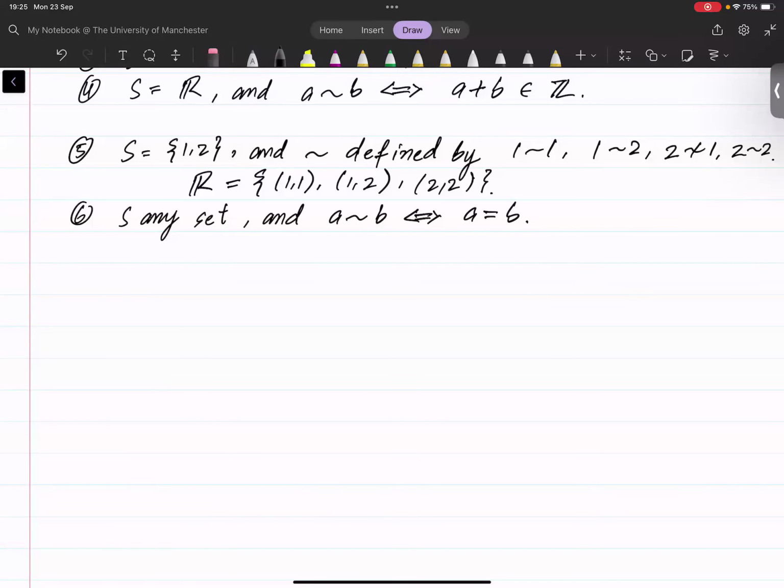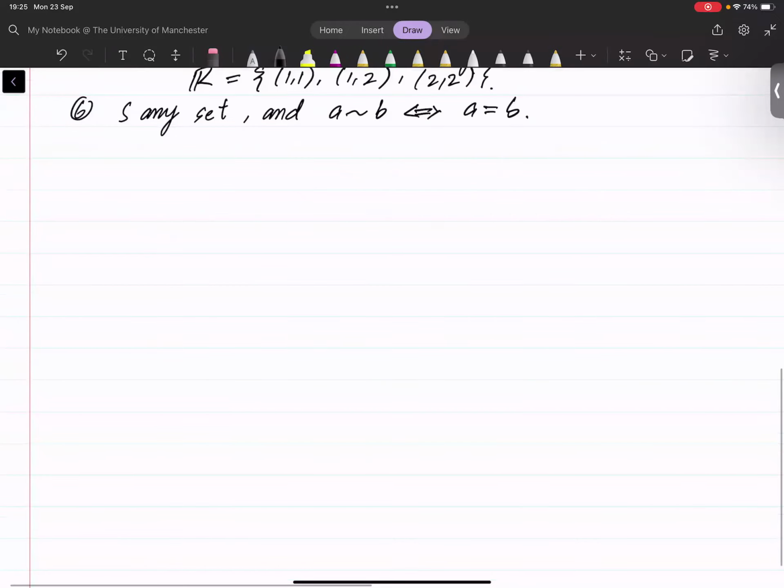However, there are certain types of relations that are worthy of study, as they crop up frequently. They are called equivalence relations. So we define them by a definition.